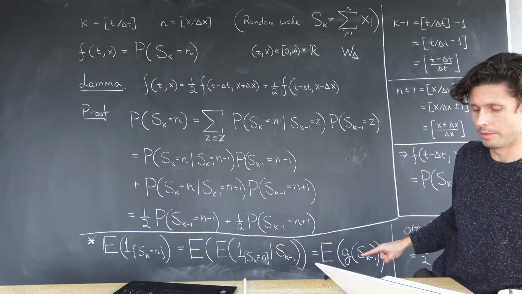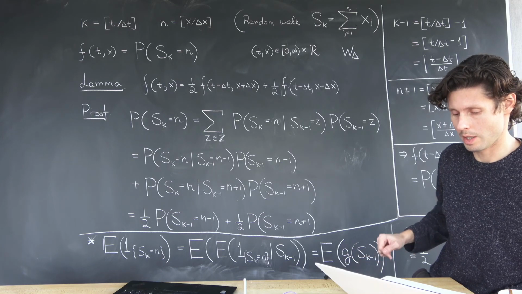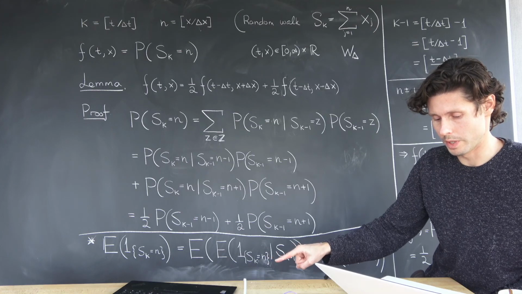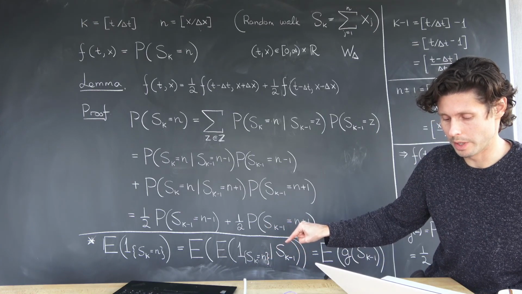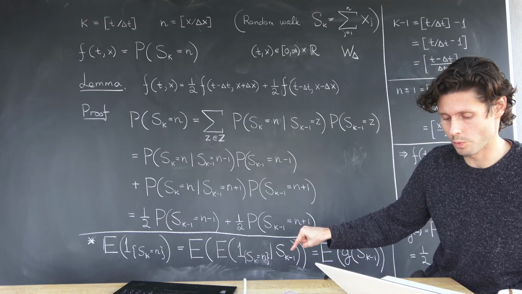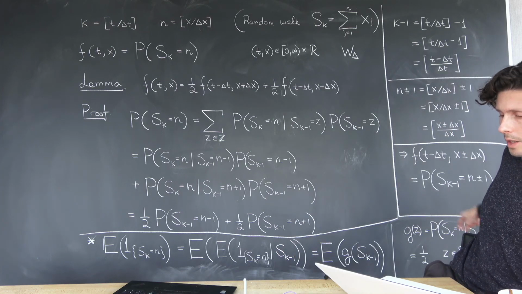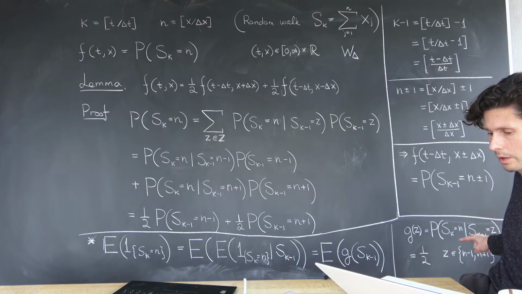I've taken that inner expectation and called it g. What is that inner expectation? Well, it's just the probability. This inside term represents the conditional probability of starting from some S_{k-1}, wherever this was, and transitioning to state n. And so I've defined my function g right here. We've seen this calculation in a number of different settings so far.